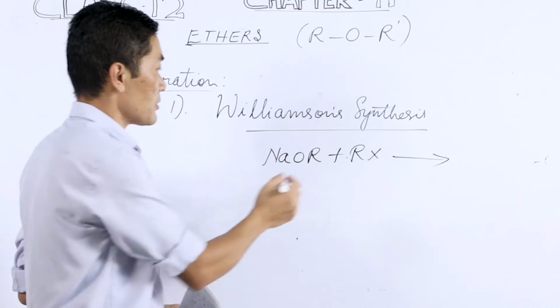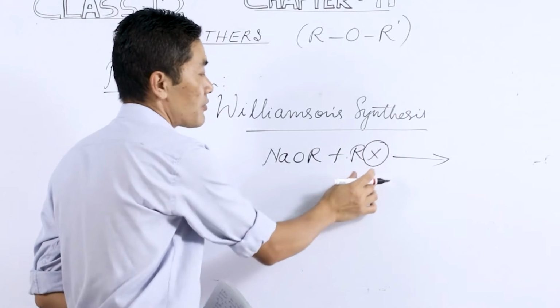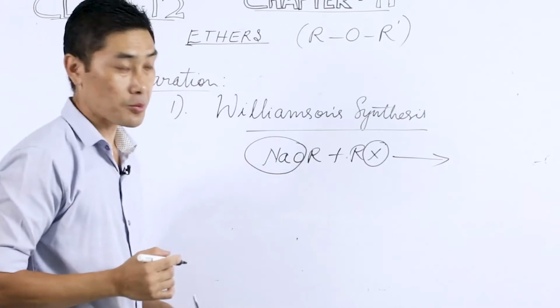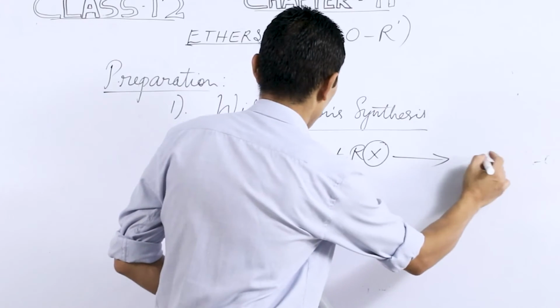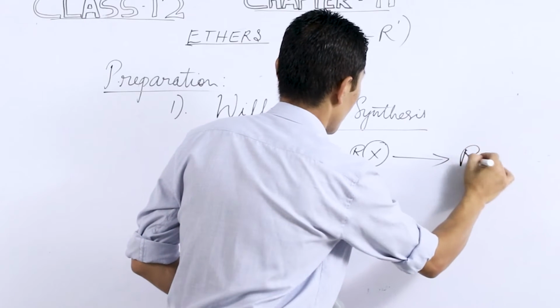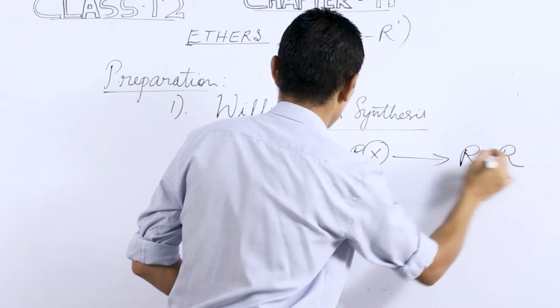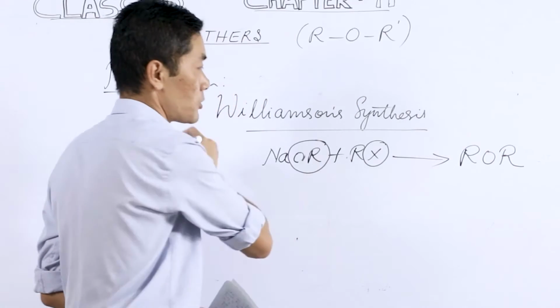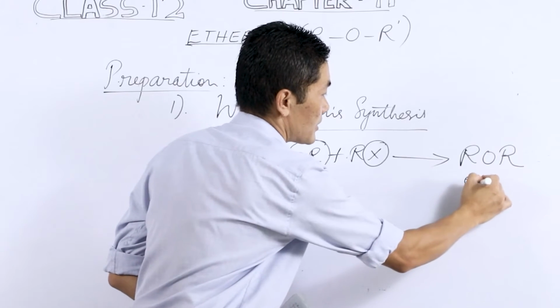In this reaction, the halogen atom of the alkyl halide will be replaced by the alkoxide group. So we get an ether.